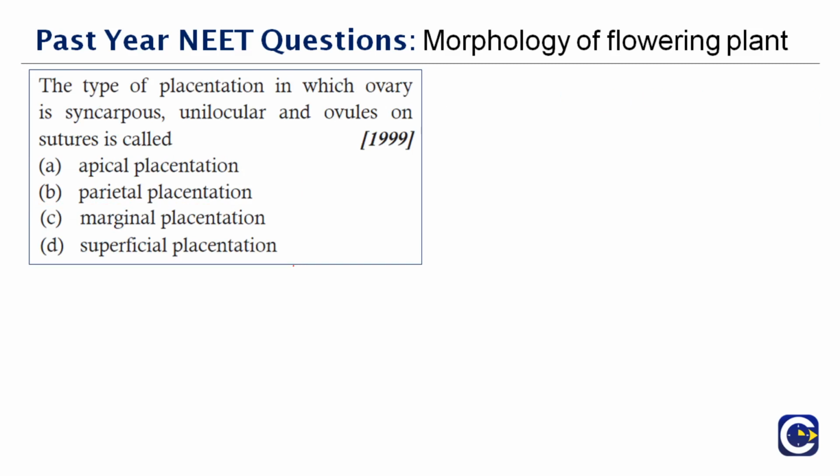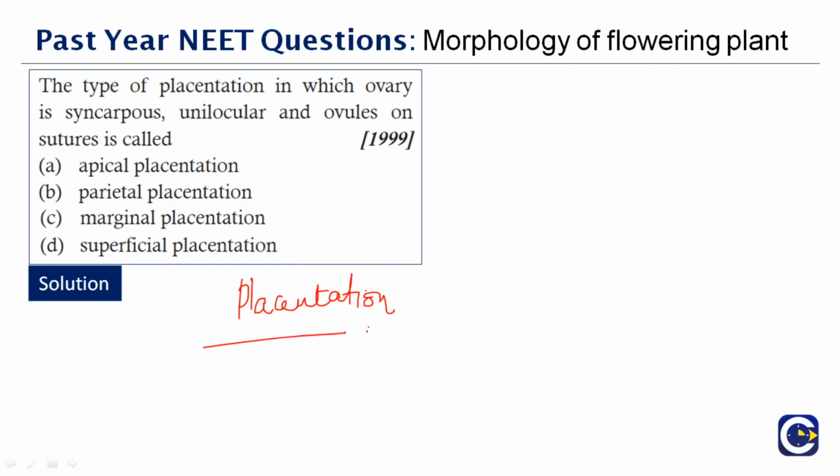The type of placentation in which the ovary is syncarpous, unilocular and ovules are on the sutures is called as dash. The arrangement of ovules inside the ovary of a flowering plant is called placentation, right? Now, in marginal placentation, the ovule develops from the longitudinal suture where the margins of the ovary fuse.